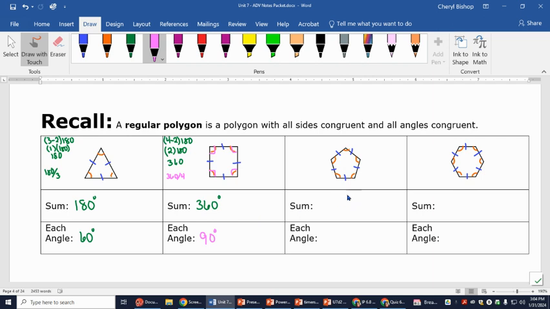Okay, and then back over here on this one, we've already done a pentagon today as well. 5 minus 2 times 180 was 3 times 180, and we got 540 degrees.